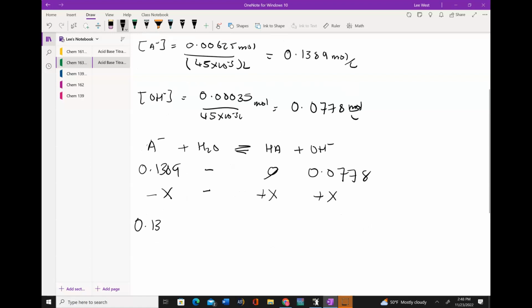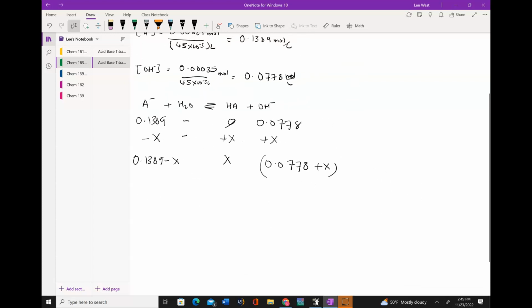So once we get to the end, we'll have x of that, and we'll have 0.0778 plus x hydroxide. So how are we going to figure out what the hydroxide is? Well, first of all, we've got the pKa, which is equal to, I'm jumping ahead a step there, 4.89.